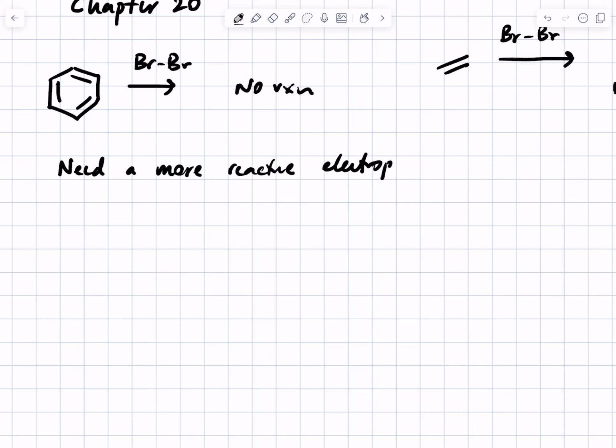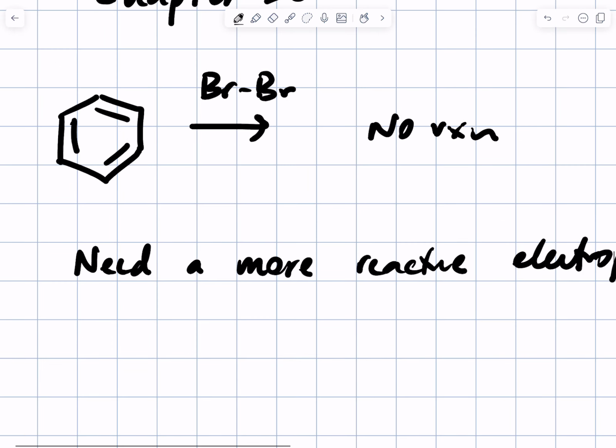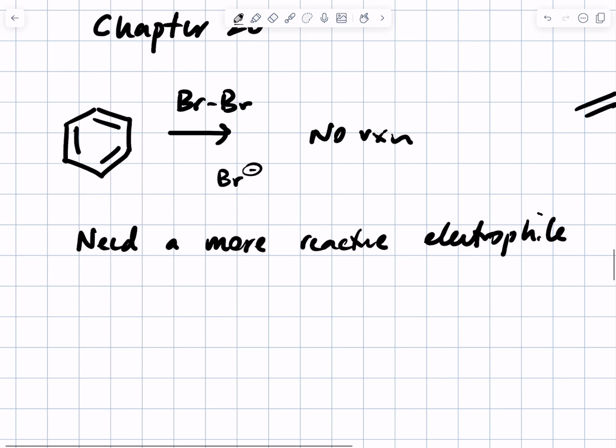Remember that what makes bromine a good electrophile is 2 things. First, the Br-Br bond is weak, and second, the leaving group, Br- is very stable. But that's not good enough for benzene. We need an even better leaving group.